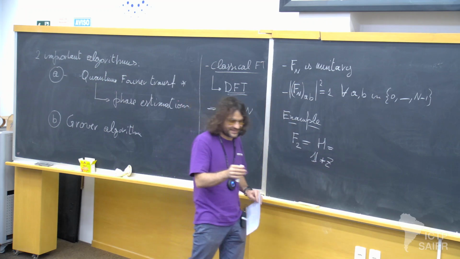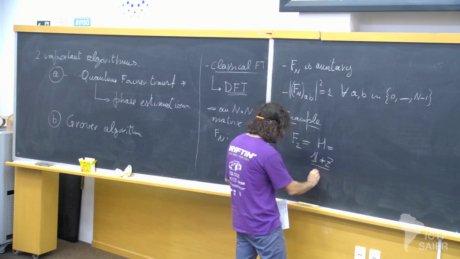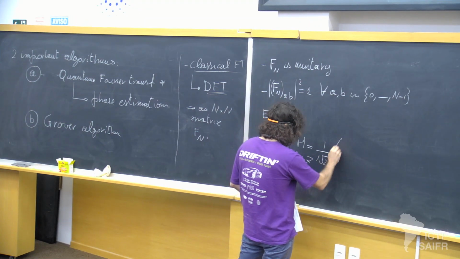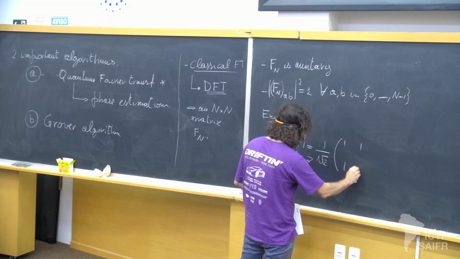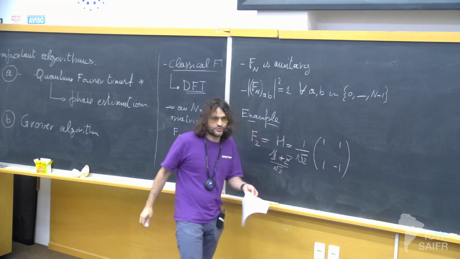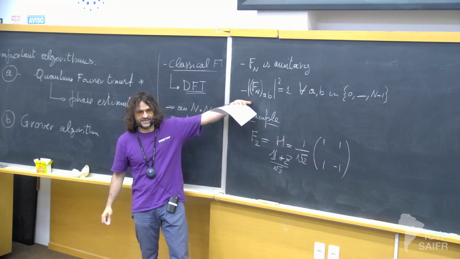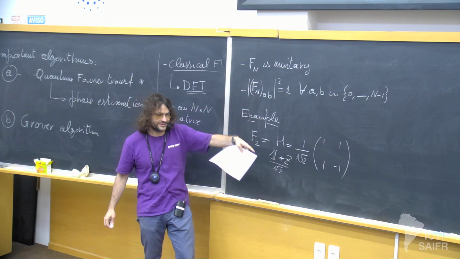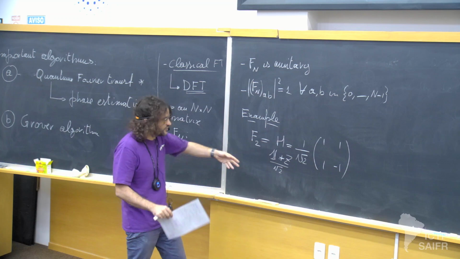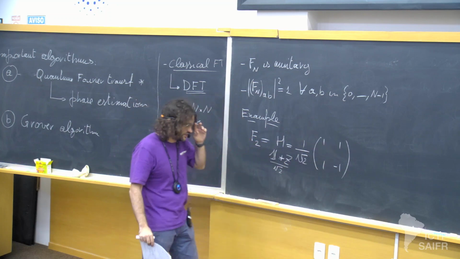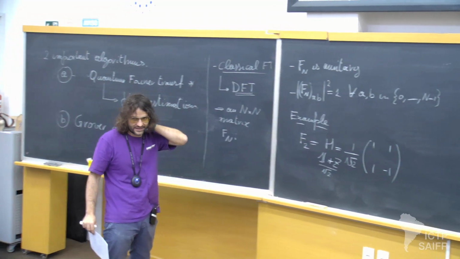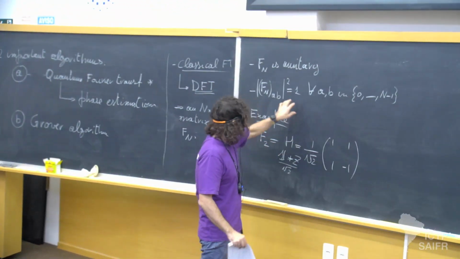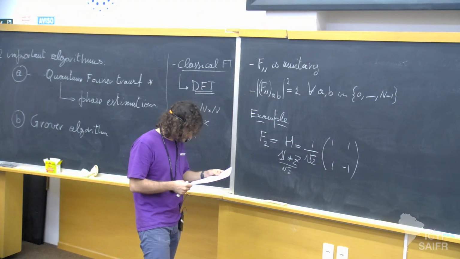It was a Pauli plus something else with the square root of 2. Why? Well, we get 1 over square root of 2 times the matrix 1, 1, 1, minus 1. The Pauli is not good because you don't satisfy this per se. You have components that are 0, so you need to put this. And this of course satisfies it, right? The vectors are orthogonal to each other, so they form a unitary matrix, and each component has norm 1.